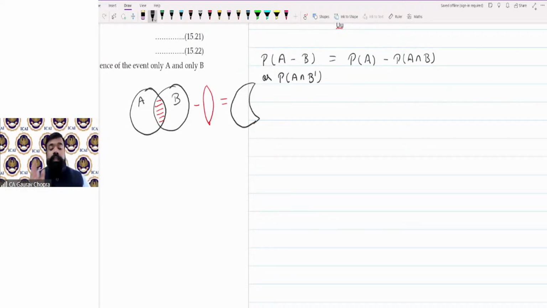Meaning is same. We require A and B dash means we do not require B. So from A, we have to remove B. And this is also known as probability of only A. What we require? We require only A. So this is the formula.